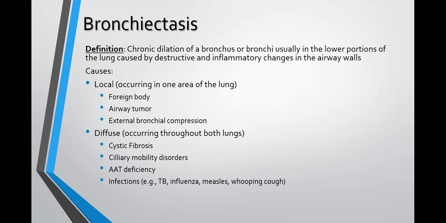Diffuse means it's diseased, right? It's throughout the whole lung. So if it's diffuse, it's caused from some type of disease, right? And that would be cystic fibrosis, ciliary motility disorders, also alpha-1 antitrypsin deficiency, and then infections like tuberculosis, the flu, measles, whooping cough. All those things could be the cause of the diffuse bronchiectasis.